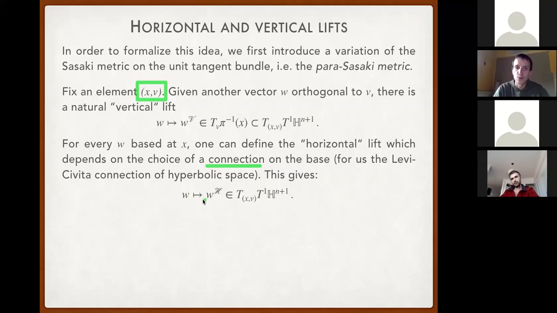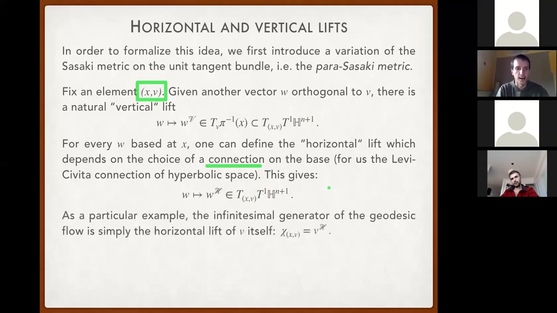So this gives a natural horizontal lift, which maps w to its horizontal lift in the total space of the unit tangent bundle. A particular example: the infinitesimal generator of the geodesic flow, chi, is just the horizontal lift at the point (x, w) of w itself.